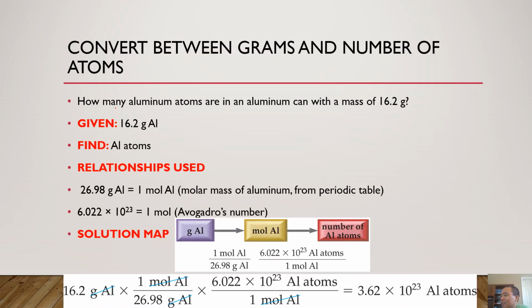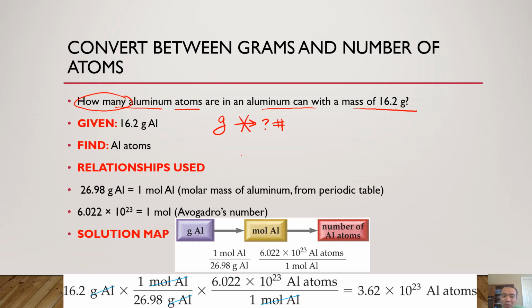How many, this is a number, how many is a number apparently, right? How many atoms, okay, in certain number of grams. So the original solution map you would have, hey, can you convert grams to a certain number? Sorry, you cannot do that directly.